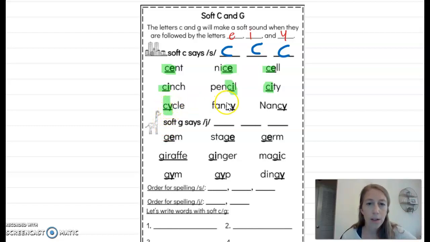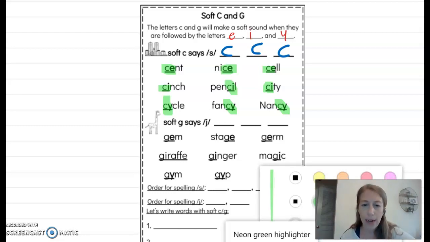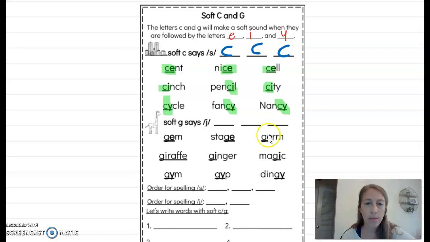S, S, S. Okay, now I know why it's saying S, because the letters E, I, and Y are coming after it. So let's go ahead and practice reading some of these words.